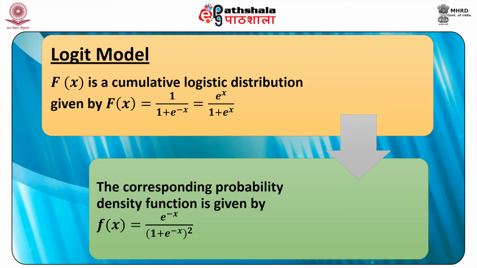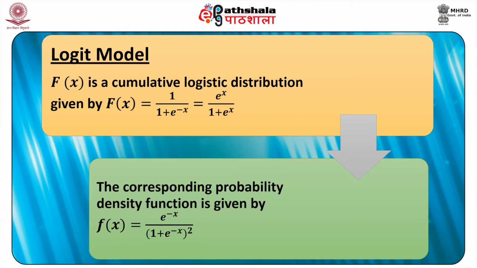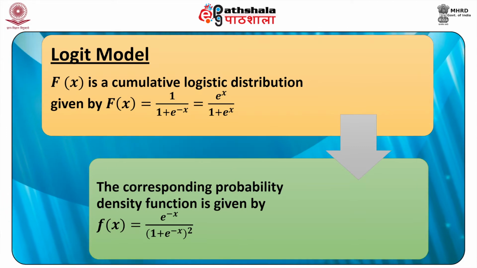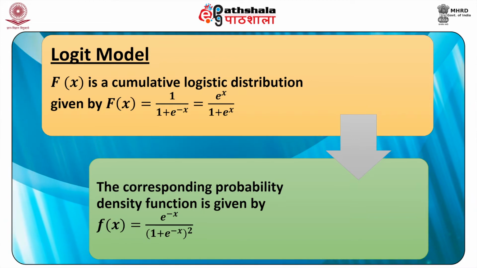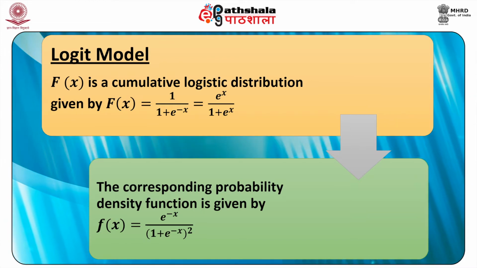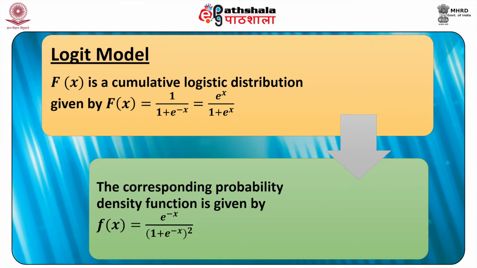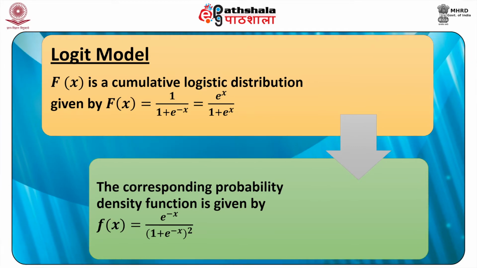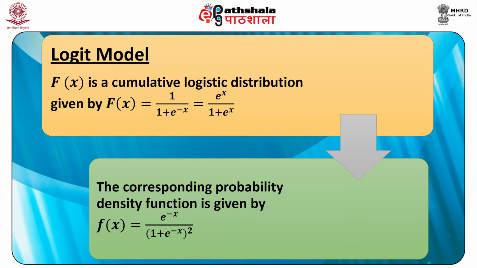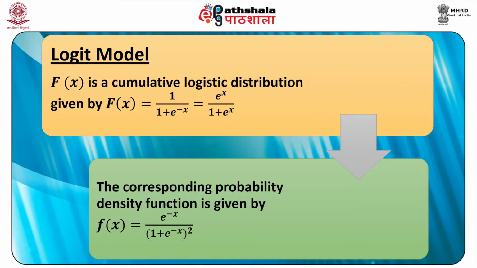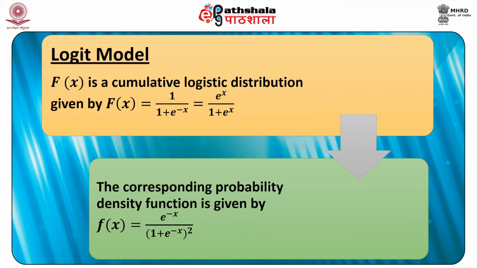So I hope all of you understand that the density function is written by small f(x) and the cumulative function is written by capital F(x). So small f(x), or the density function in this case, is equal to e raised to power minus x upon (1 plus e raised to power minus x) whole raised to power 2, or it is the square of this entire denominator.